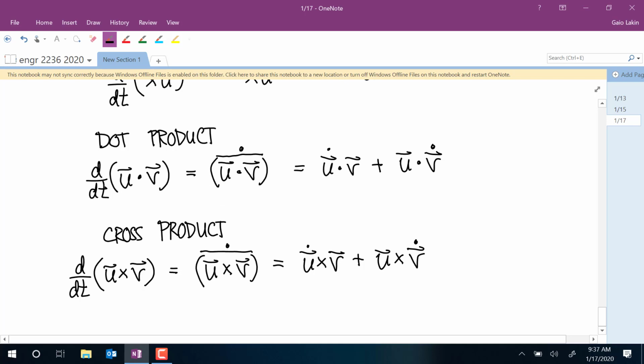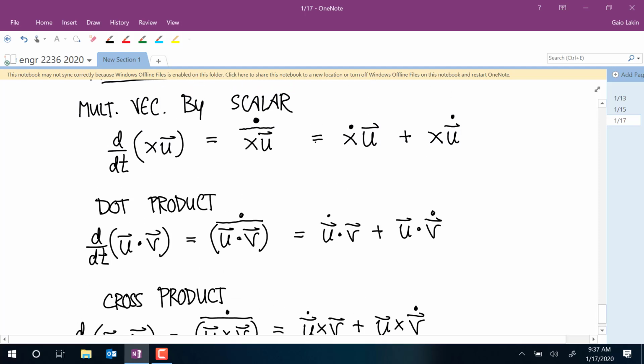Okay, but the cross product you need to be a little bit careful of. With scalars, take the product rule for x times y. Take the time derivative of xy.